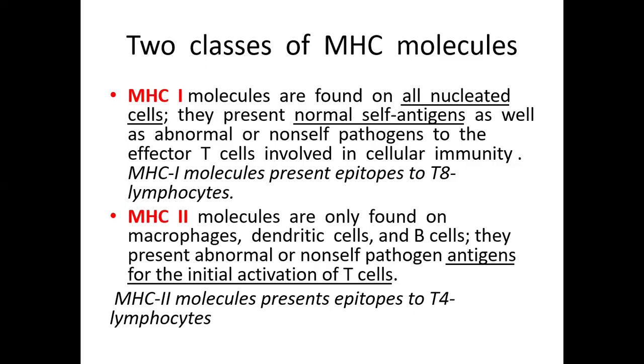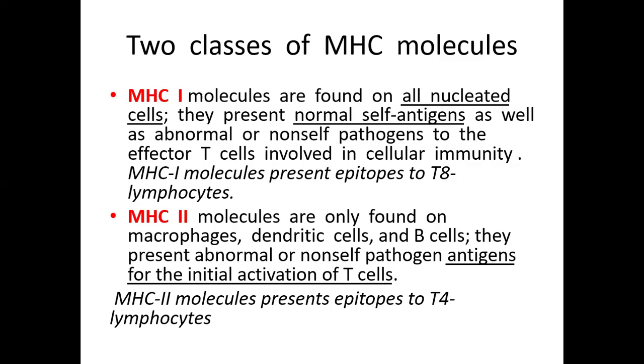And these molecules connect with the T8 cell, T killer. Also natural killer cells check MHC1. So two killer cells, natural killer and T killer, check MHC1, with one difference.